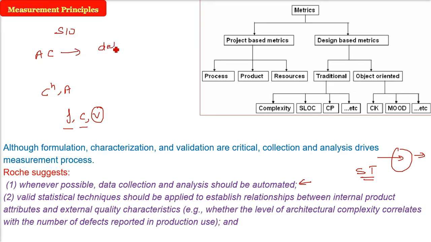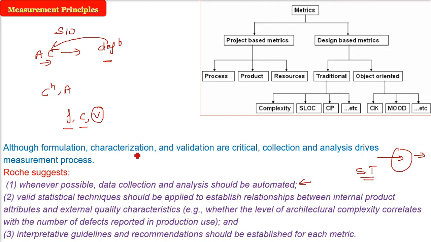Now, does this architectural complexity relate to the number of defects reported in production use? When the complexity is higher, defects are higher; when complexity is lower, defects are lower. So we need to apply and validate using statistical techniques in order to say that we are doing proper measurement. Along with this, with each metric, we need to have a certain interpretation guideline, a recommendation that this metric will give you this indication.